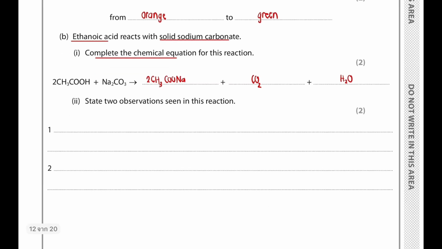Next, state 2 observations seen in this reaction. So we will see bubbles of carbon dioxide gas, and another one is sodium carbonate disappears.